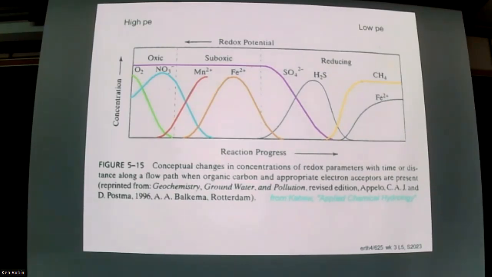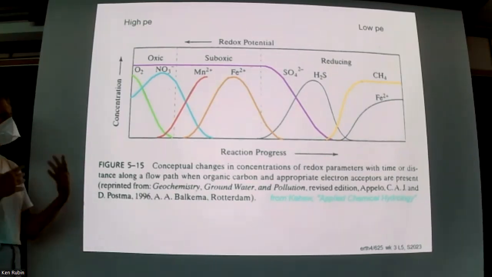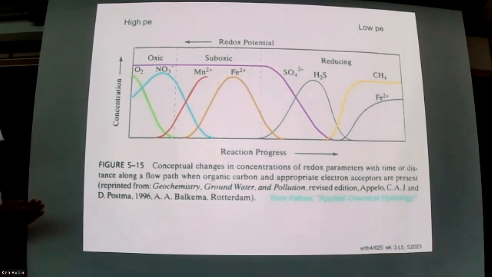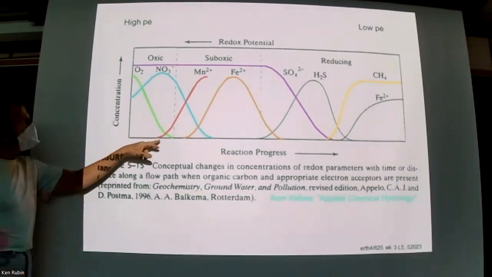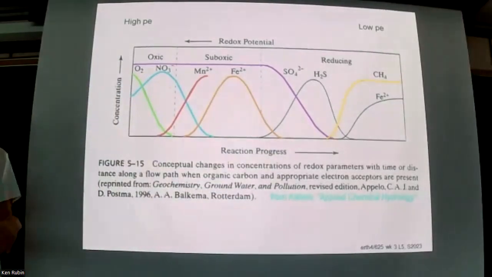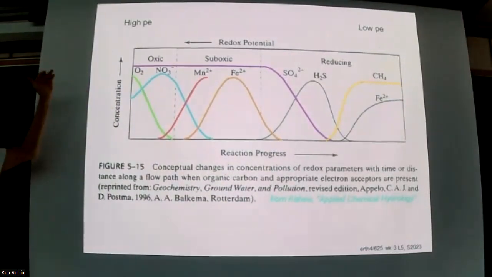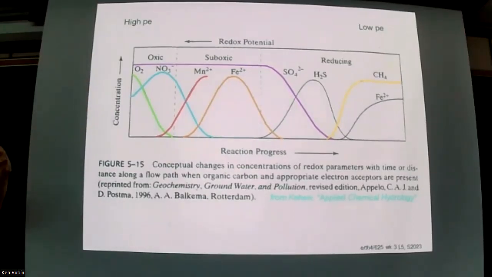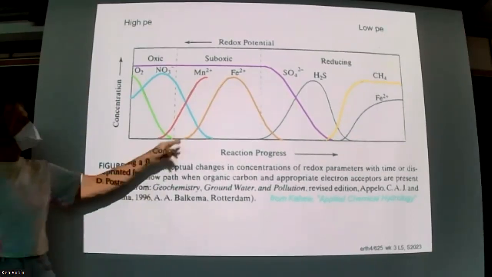The consumption by the half reaction for being the electron receptor, as well as other chemical things that might happen in the environment. So for instance, you can see iron 2 go up and it goes back down again. And the reason it goes back down again is because when we get to the point where sulfate turns into sulfide, the sulfide is going to combine with the iron to make pyrite, and you're going to get pulled back.